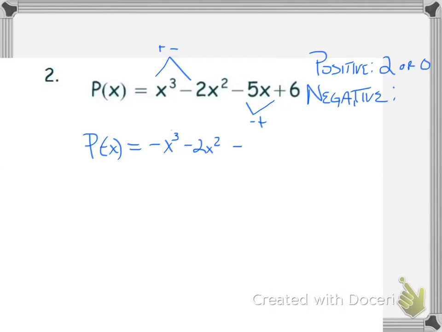This one changes to plus 5x and plus 6. So my sign changes here, I only have 1, and that's it. So that means there's 1 negative real root. And what that means is there has to be 1 negative real root, because there can't be more than that, but there also can't be any less than that because you can't subtract 2 from it.